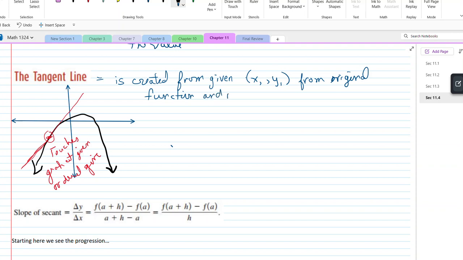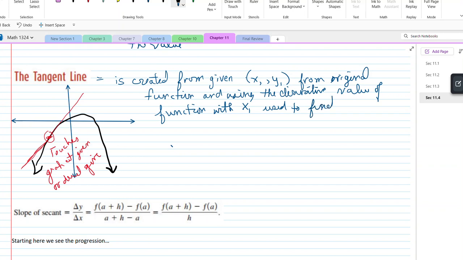And using the derivative value of the function with x of 1 used to find tangent slope.